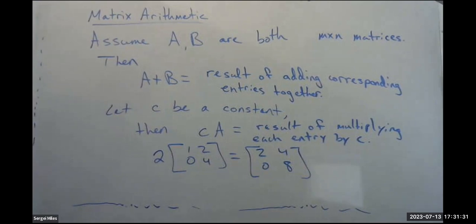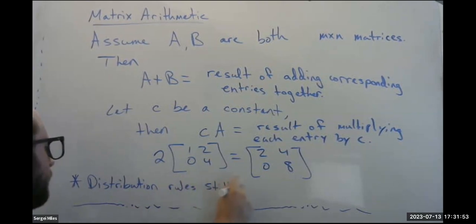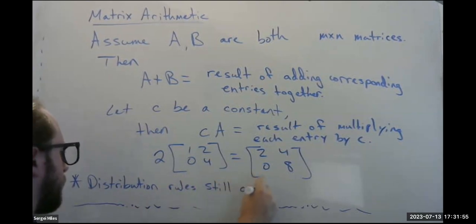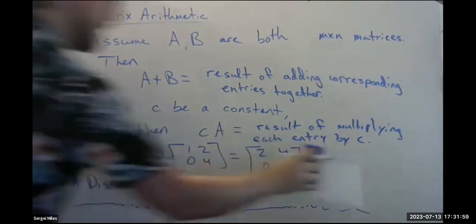So this is how we can add matrices together. This is how we can multiply a matrix by a scalar. We also still have all of this handy dandy distribution rules still apply. What am I talking about?